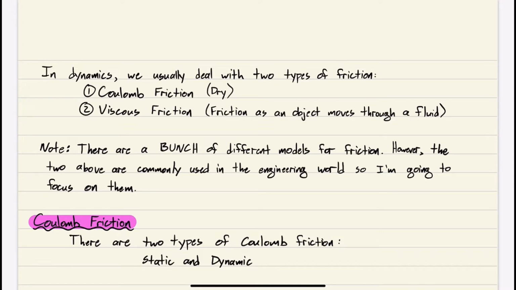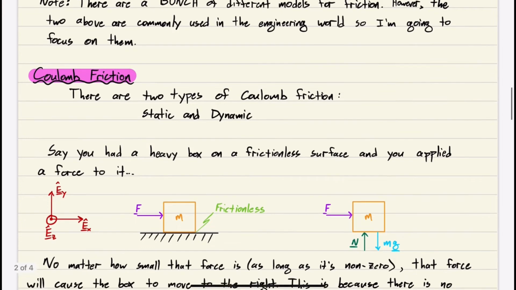Most of the time, when you're in industry, you'll run tests and correlate your models, especially for friction, because it's such a hard thing to nail down. You'll get those parameters from test data, from experimental data. But from a theoretical point of view, we'll focus on what we're going to talk about here.